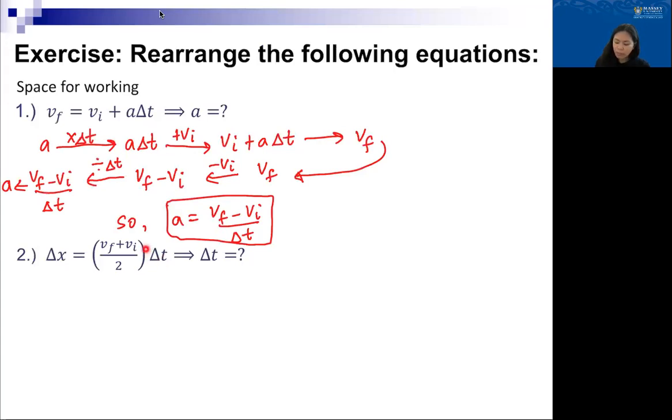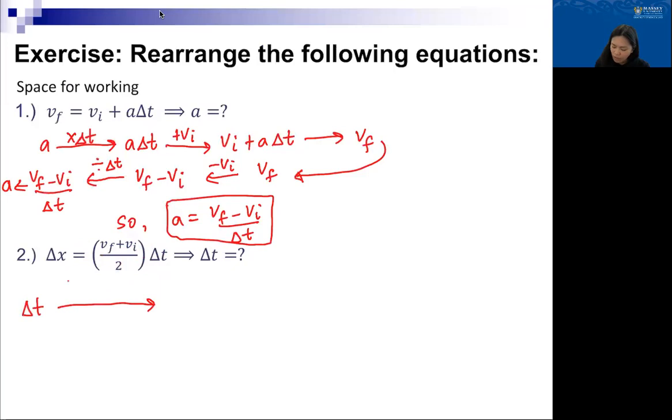Delta t is multiplied with this whole bracketed thing, VF plus VI over 2, right? So to build this equation up, you have to multiply delta t with this whole bracket.